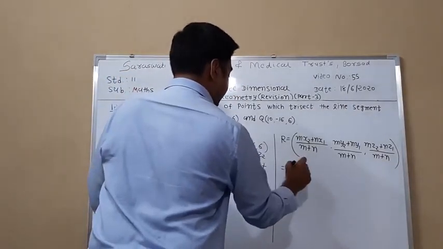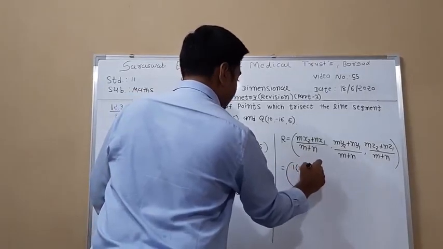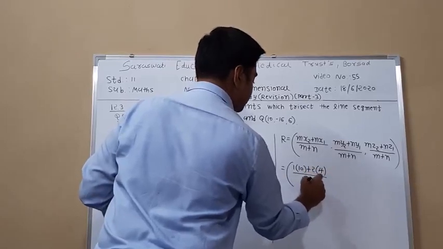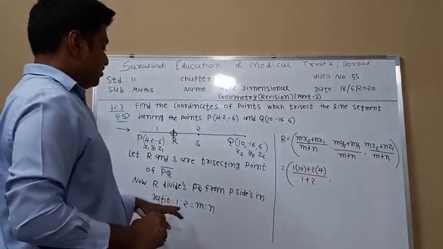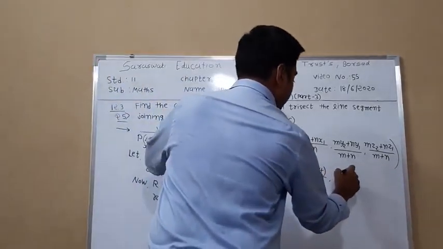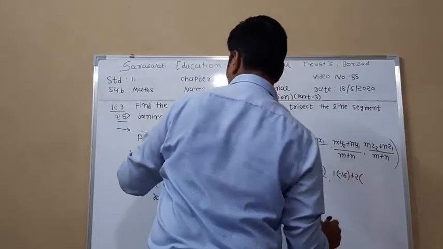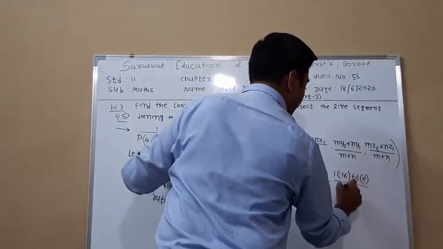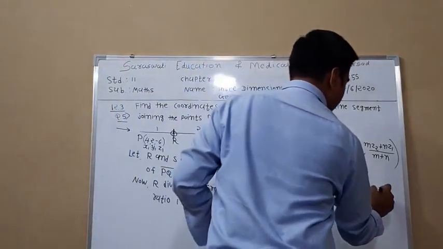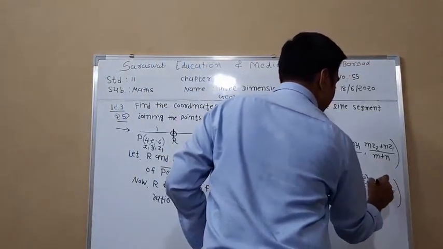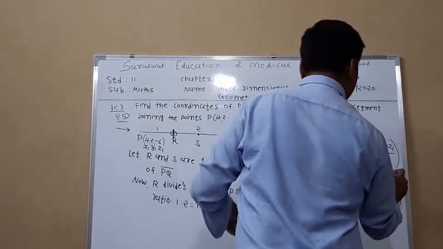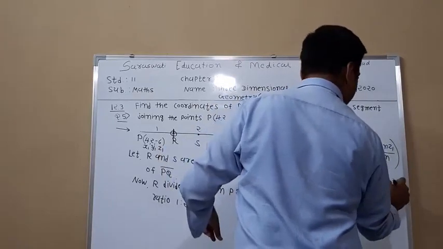So 1 into x2, which is 10, plus n, which is 2, into x1, which is 4, upon 1 plus 2, comma, m into y2, that means 1 into -16, plus 2 into y1, which is 2, upon 1 plus 2, right? In the same way, in the denominator 1 plus 2, m which is 1 into z2, that means 6, plus n which is 2 into z1, which is -6.